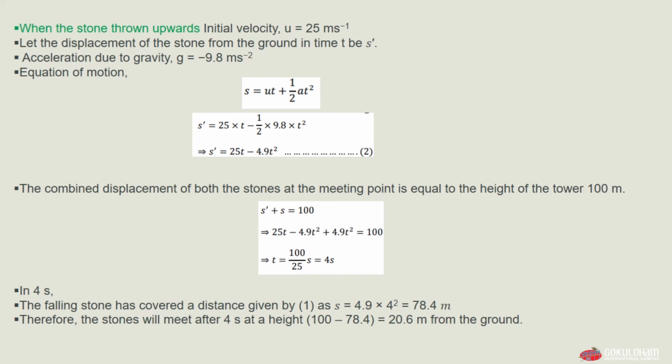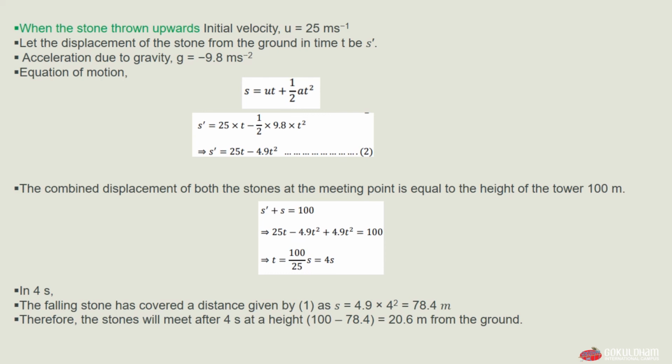Now the combined displacement of both these stones at the meeting point is equal to the height of the tower, which is 100 meter. So by combining the displacements from these two equations, they will be equal to the height of the tower, means s dash plus s will be equal to 100 meter.